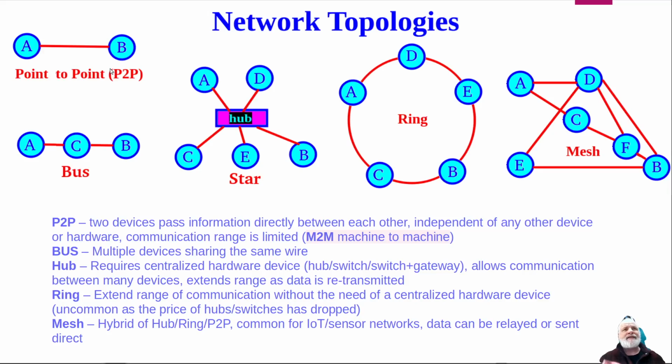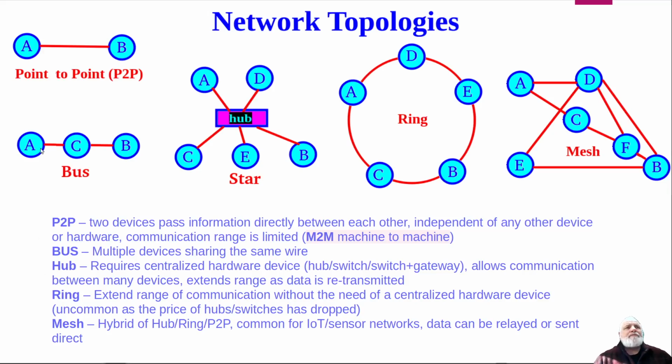Device A wants to talk to device B, and so you have some kind of mechanism set up to send the message directly to B from A. We'll also see later on the term M to M, which means machine to machine, where it's implied you have two dedicated machines. Say you have two robots and they're just passing information between themselves and not concerned with what the rest of the world is doing.